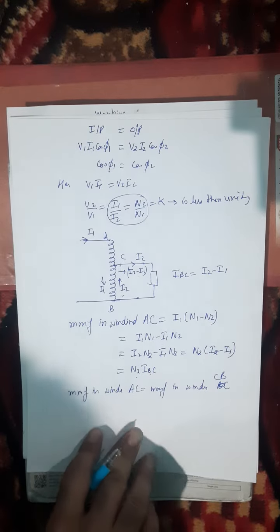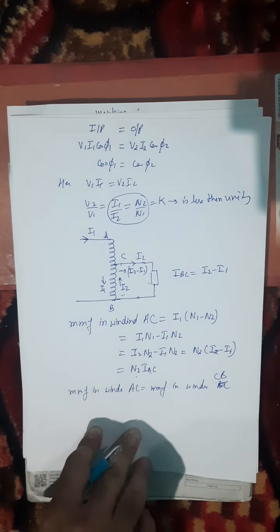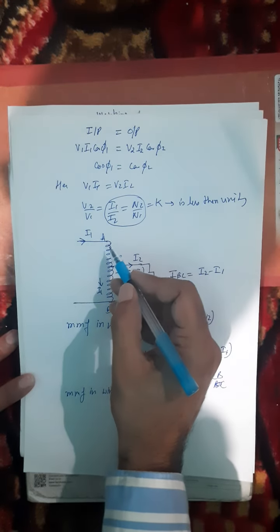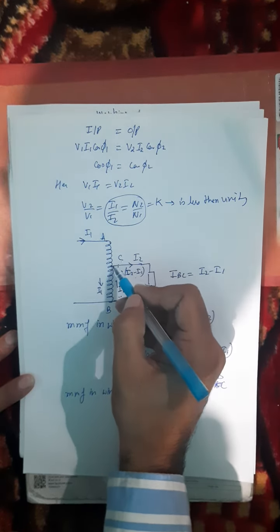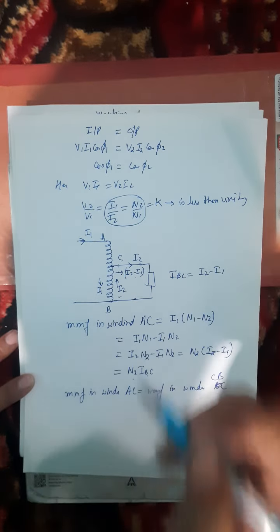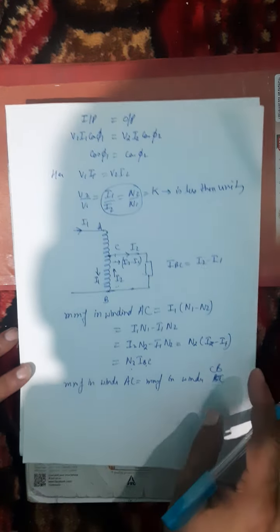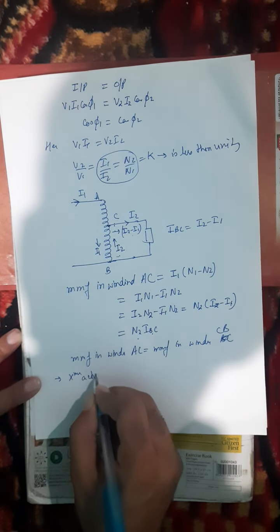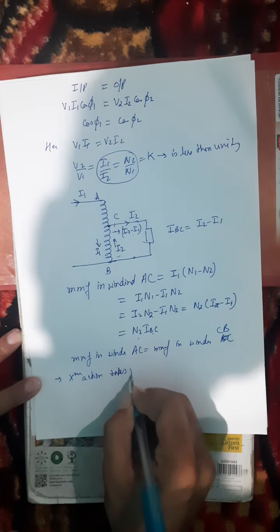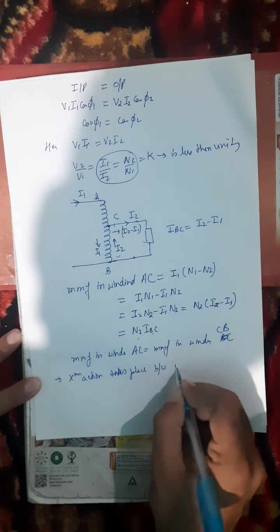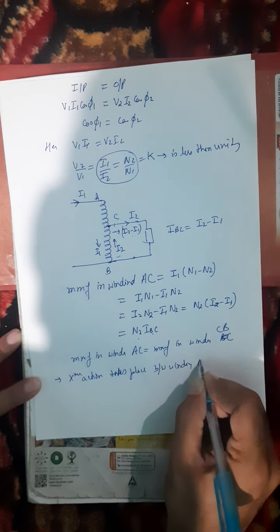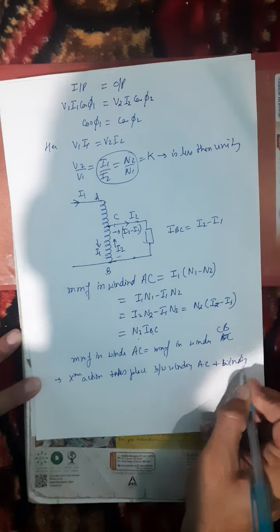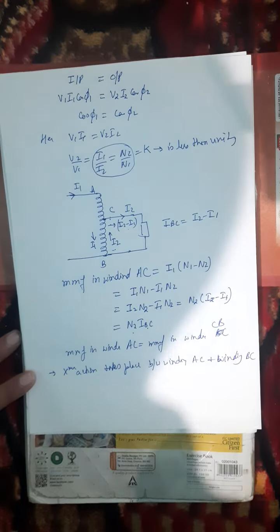It is therefore seen that the transformer action can take place between winding section AC and winding section BC. What I am saying is that transformer action takes place between winding AC and winding BC.